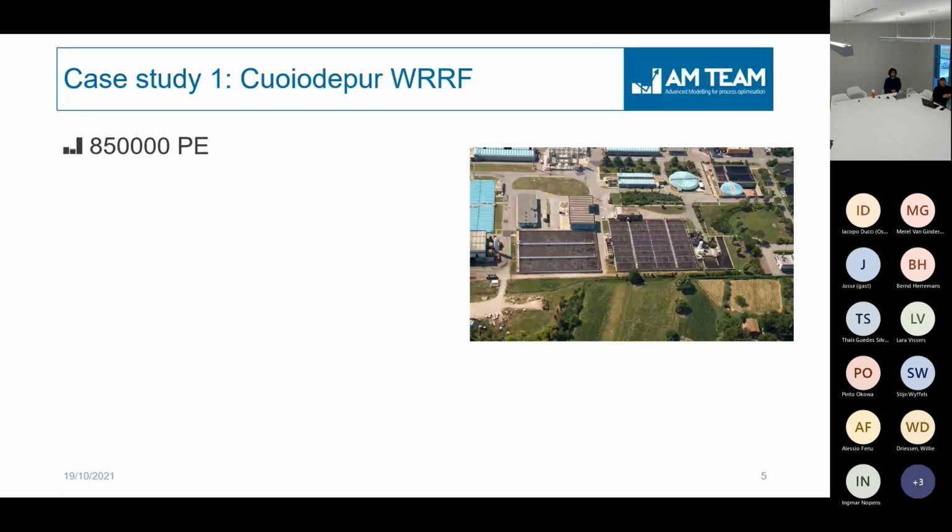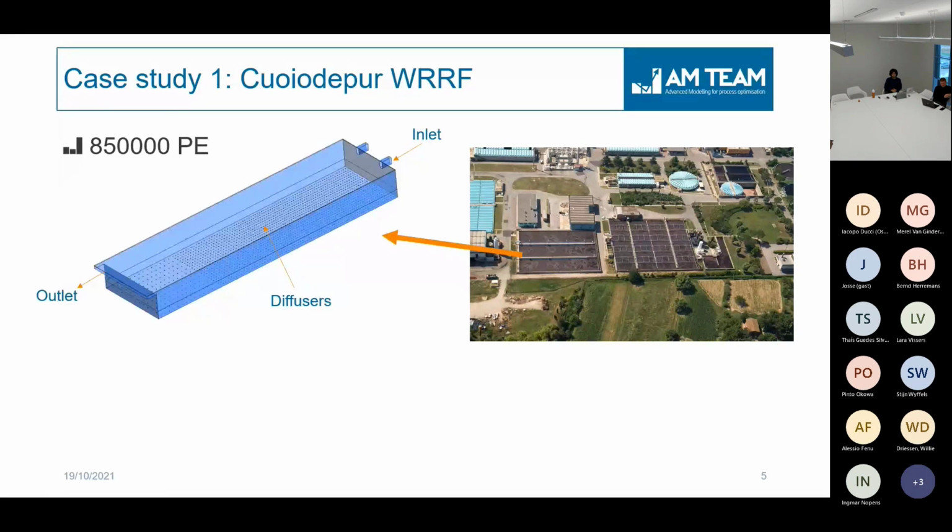The first case study is the Kodapur resource recovery facility. It's an 850,000 population equivalent plant. What we have modeled is the aerobic part of the bioreactor. There are a couple of inlets you can see in this figure, and an outlet on the other side, and it is completely filled with diffusers at the bottom.